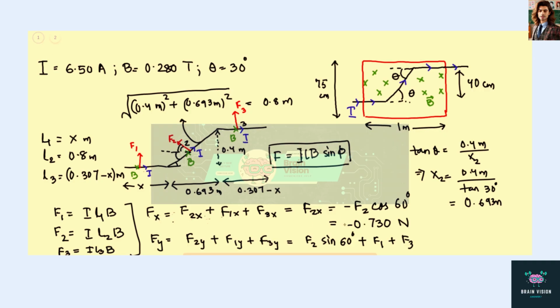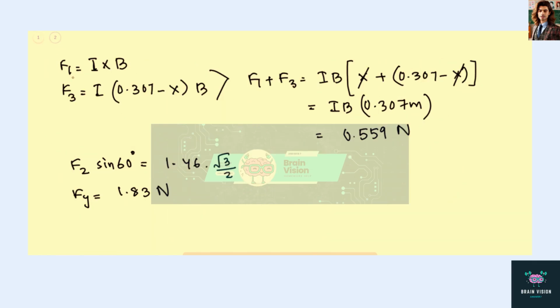Now we have Fx, the component of the net force along the x direction, and the component of the net force along the y direction. So let's draw them. Fx is in the negative x-axis, so the direction is this way, and Fy is positive, so along this way.